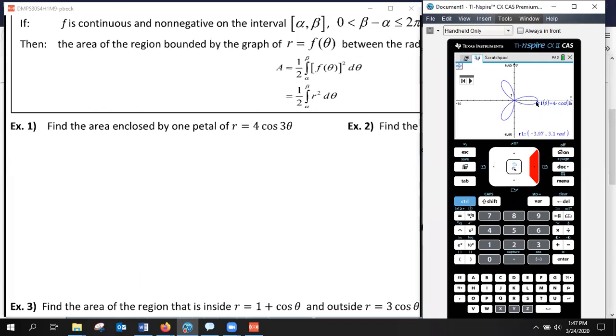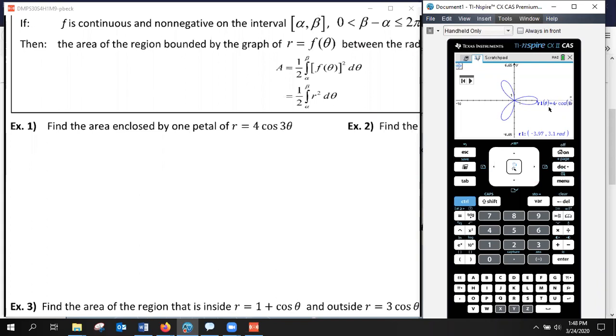We should have known this is going to be a rose curve just because it's 4 cosine of 3 theta. The fact that it's cosine of 3 theta means this initial petal should be around the polar axis, or what we knew as the x-axis. If this were a sine, we would see that symmetry over the theta equals pi over 2 axis.